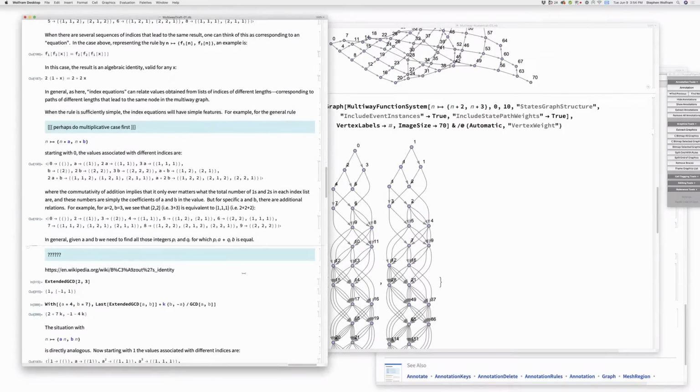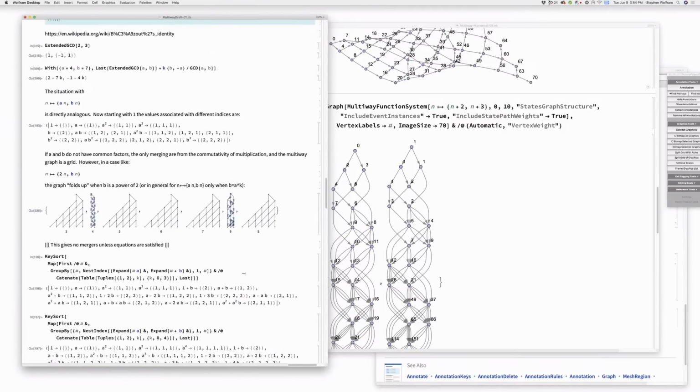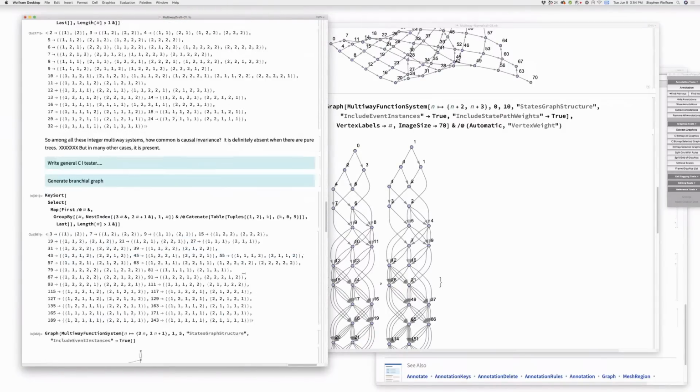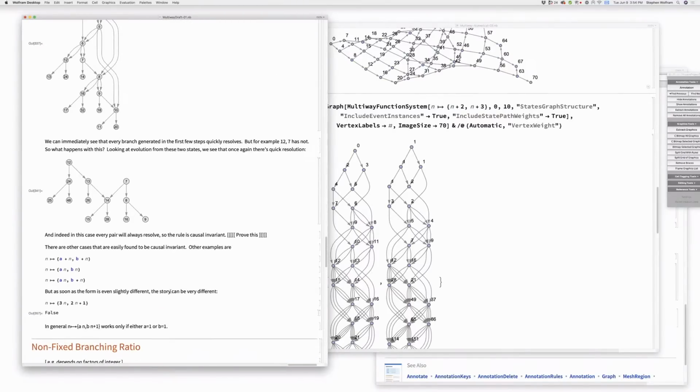But the place where this is interesting is, first result is, I believe that these 3 cases are all causal invariant. All those 3 types of multi-way graphs have causal invariance. Isn't that interesting?